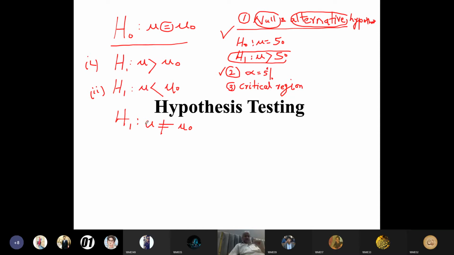So one time one is written, and I said that not equal is preferable, unless you are asked to use the alternative hypothesis with a greater than sign or less than sign. But if nothing is hinted in the question, you prefer to go with the not equal sign. So within the third step, you are defining the critical region.